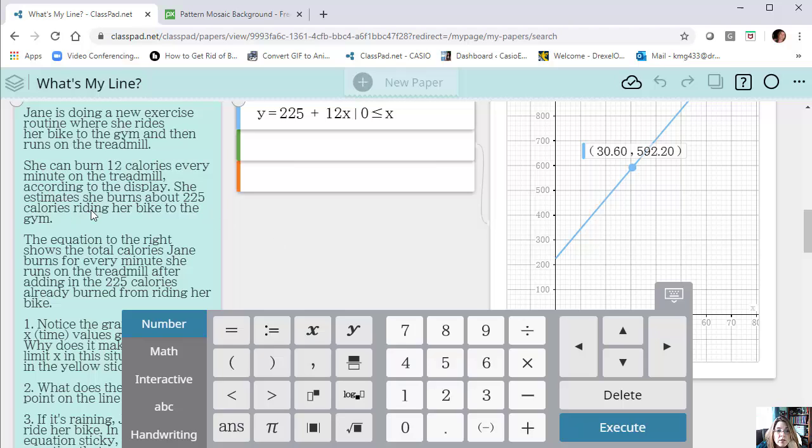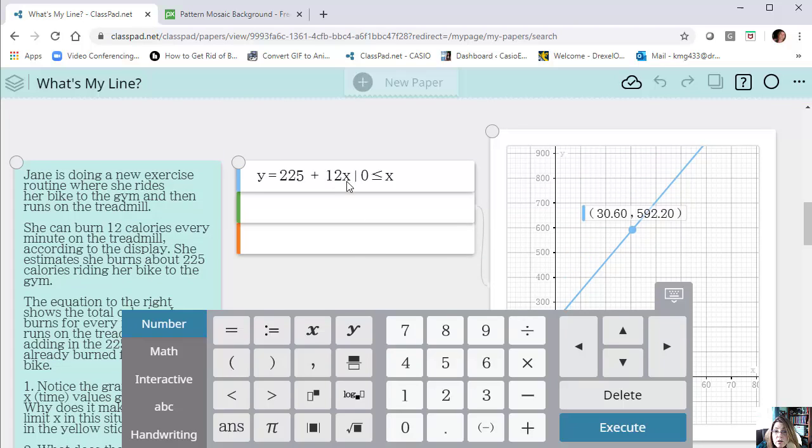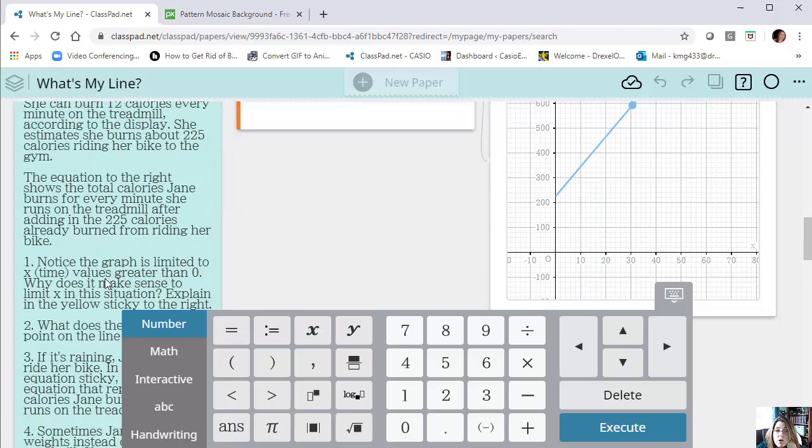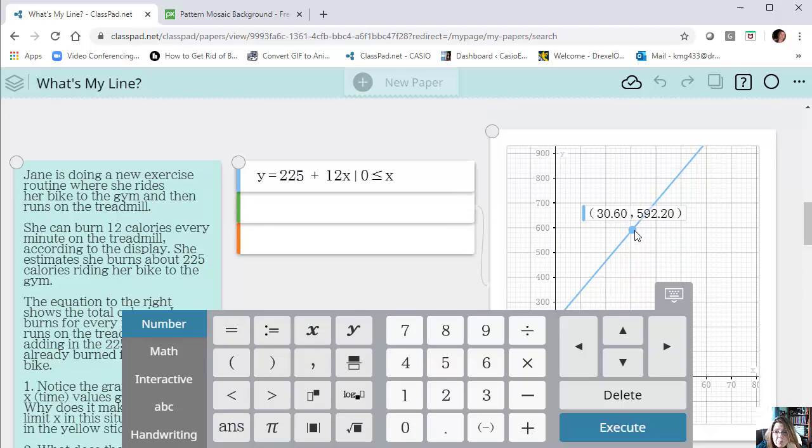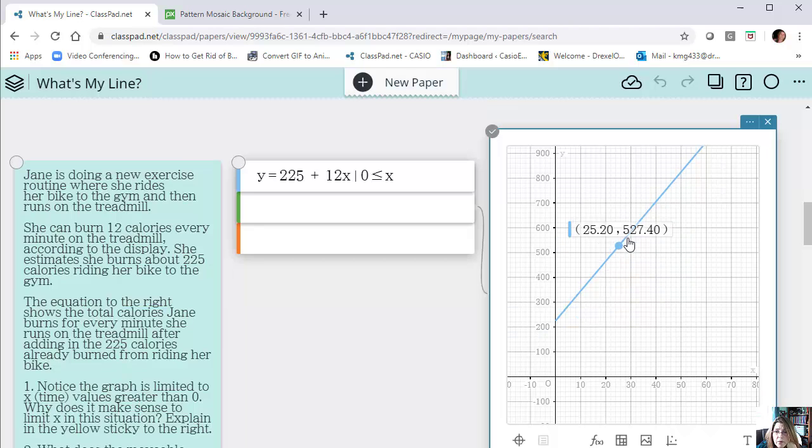And so I have this situation where she's riding her bike, and then she's going to run on the treadmill. So she burns a certain number of calories when she rides her bike, and then a certain number per minute when she's on the treadmill. So I've put an equation in that represents the situation, and then it's just a bunch of questions about this equation and what does this point on the line represent in context.